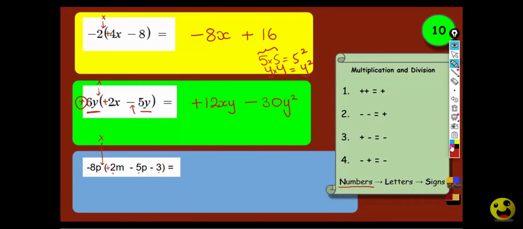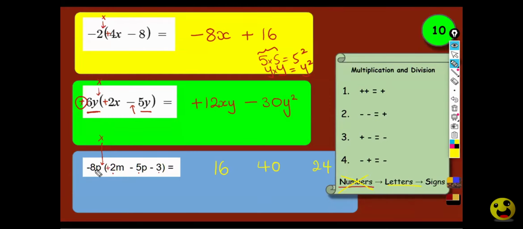Let me get a different color here. 8 multiplied by 2 is 16. 8 multiplied by 5 is 40. 8 multiplied by 3 is 24. So at least I hope everyone got the multiplication of the numbers correct, because that's primary school work, right? It is multiplying all the numbers inside by the value outside. So numbers, finish.